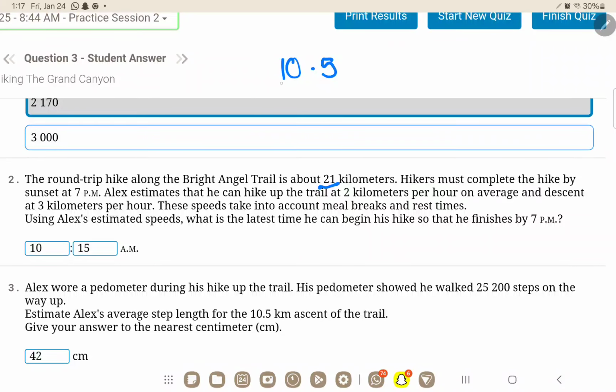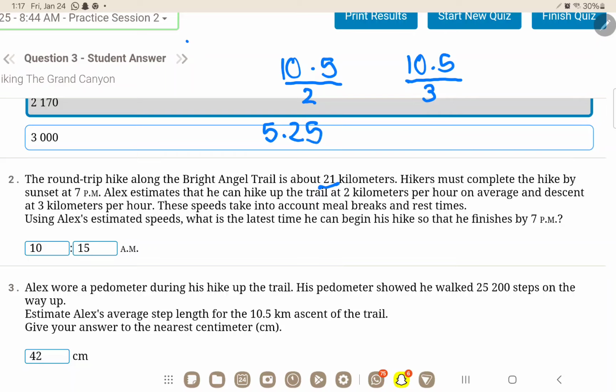Now we need to split the 10.5, and that's two different 10.5s, the going up and the going down. For the going up, we can go up the trail 2 kilometers per hour. So if it's 2 kilometers per hour and we have 10.5 kilometers, we divide by 2. And if the going down is 3 kilometers per hour, we divide by 3. So 10.5 divided by 2 gives us 5.25.